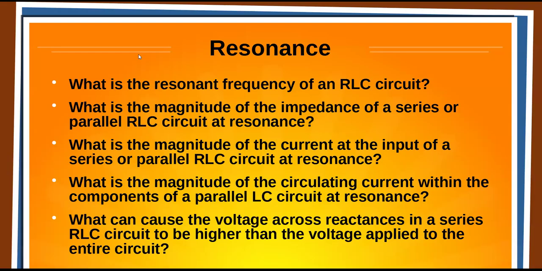Okay, resonance. We talked about it a little bit. So we'll talk about RLC circuits, how the magnitude of the impedance changes, the magnitude of the current and the voltage. You've got some circulating currents within them.